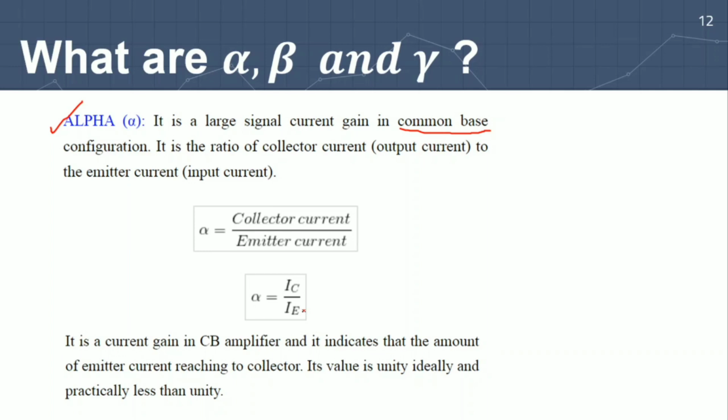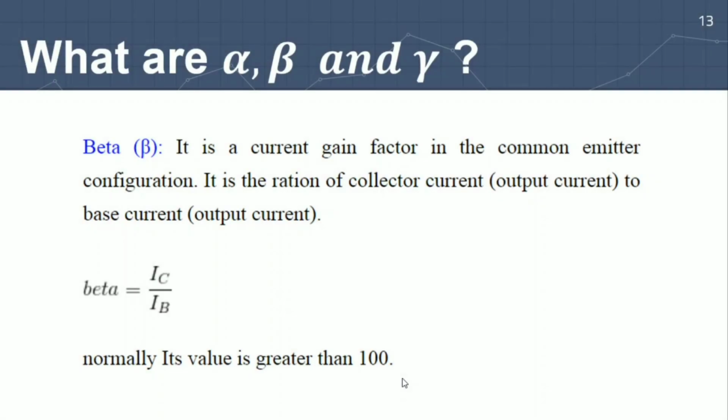That is, if you give 1 unit of emitter current, how much collector current do you get? That is defined by alpha. The alpha value is normally less than unity. Practically, it is less than unity. In the ideal case, its value is equal to 1.